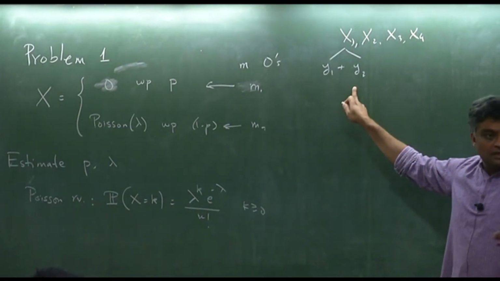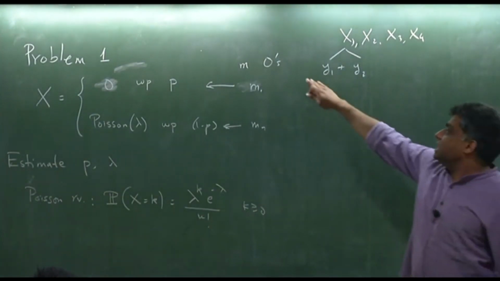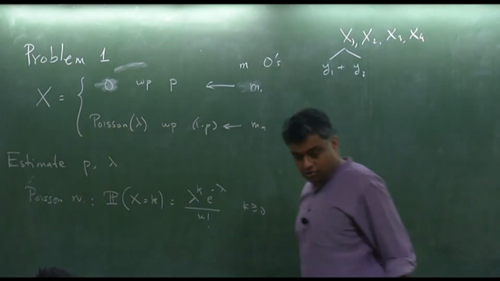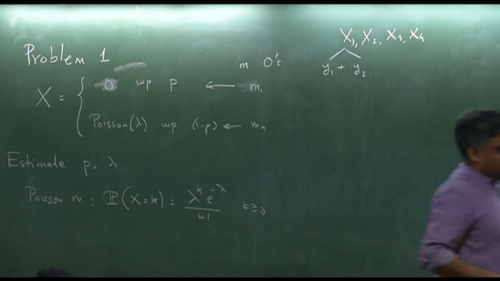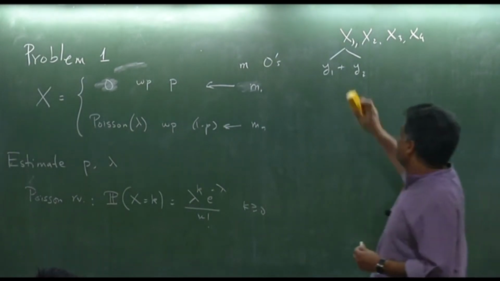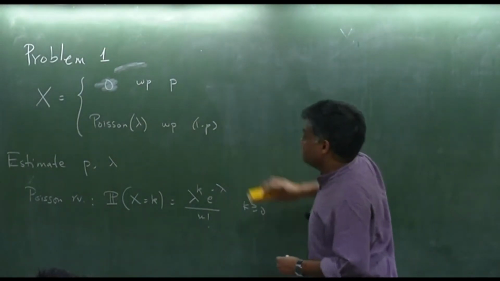I could do a complete likelihood. All right? So this is sort of the same thing. I see number of zeros, I don't know whether it came from here or there. So this problem was sort of a warm-up problem so that you could directly use what was there in the notes to solve this problem.